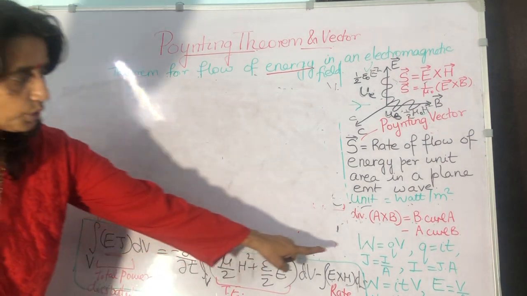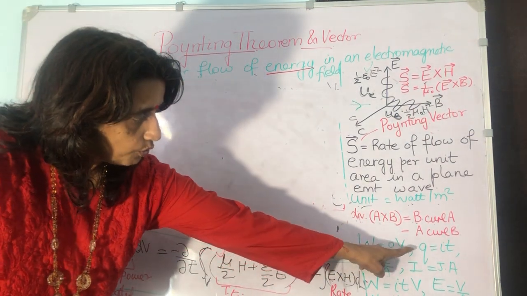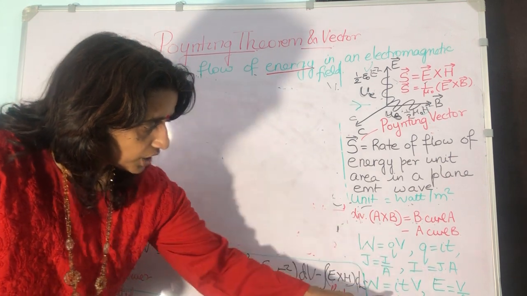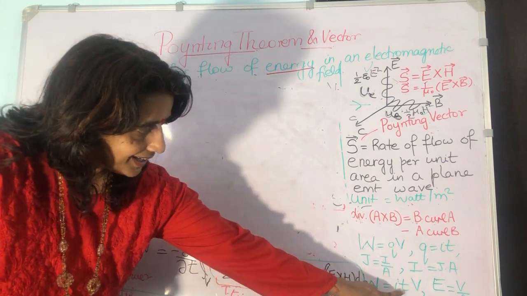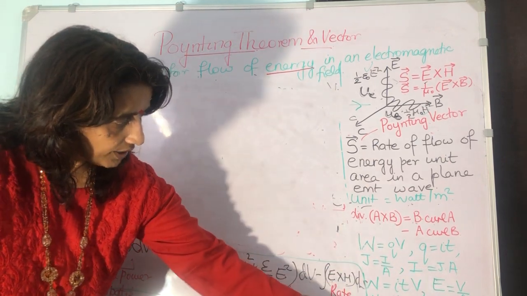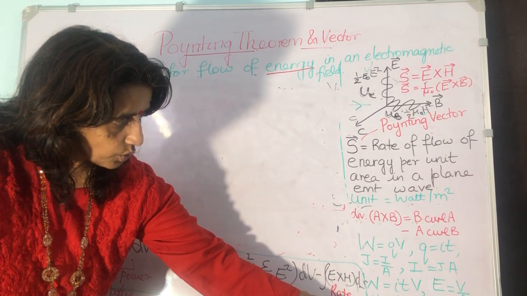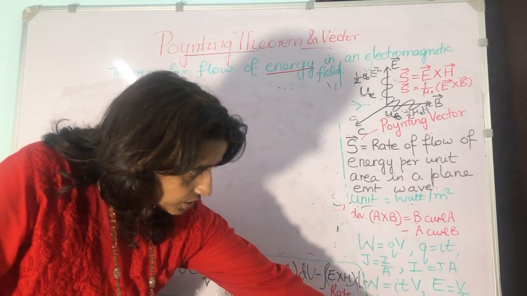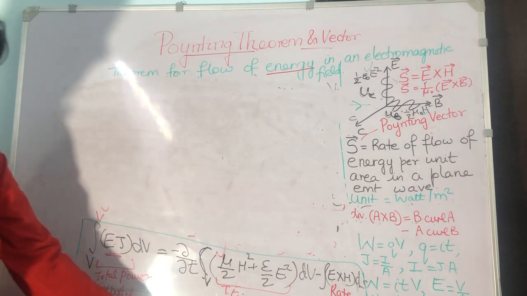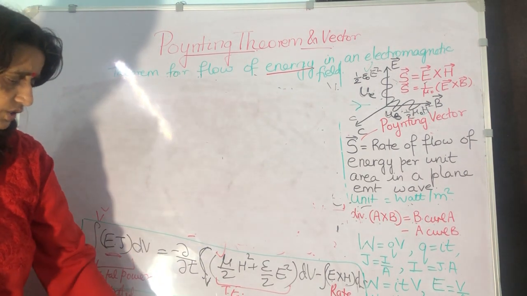You can find this expression. I have shown it to you how W is equal to QV, Q is IT, J current density is I upon A, so I becomes J dot A, W is ITV, E is V upon L. You put that value, multiply and divide by L square, you get W as J dot E. You don't need to remember that, I am just showing you that it can be written like this also.